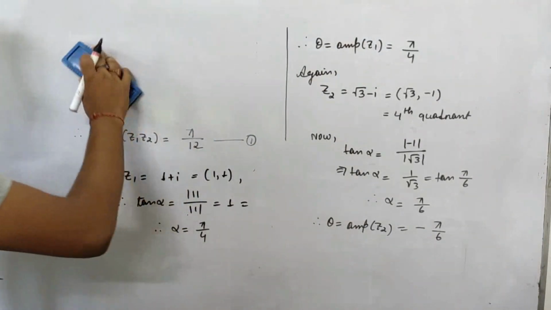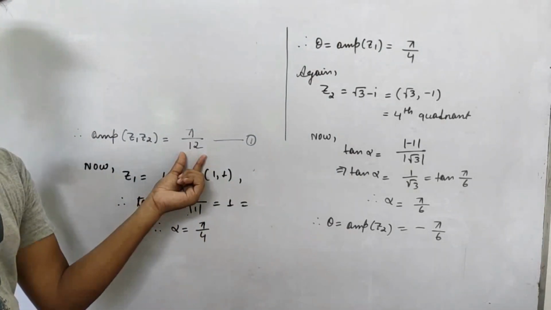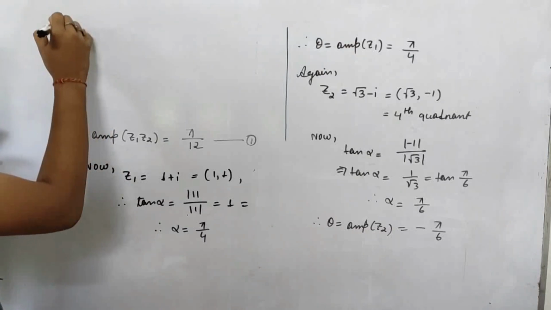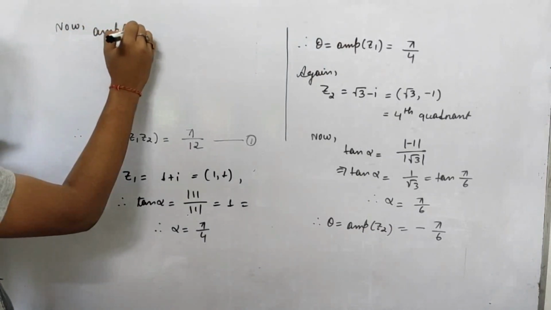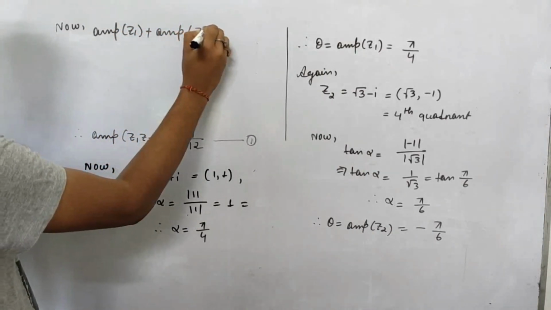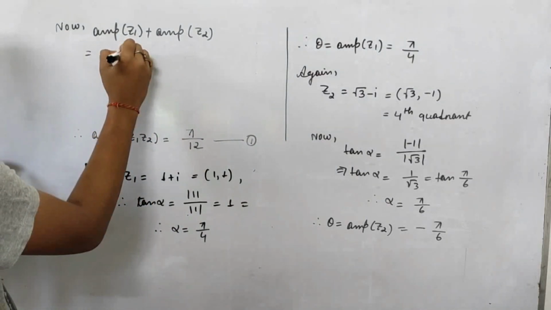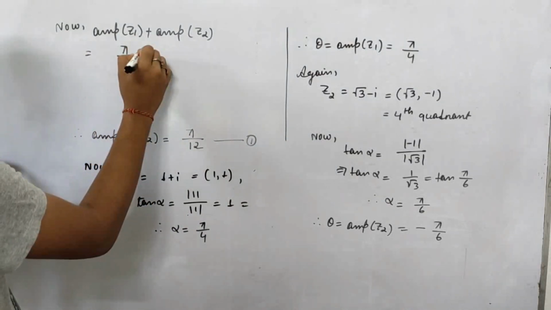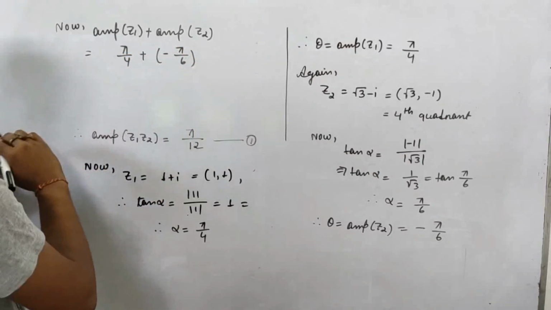So now what we have to do? AMP of Z1 plus AMP of Z2 should match with AMP of Z1 Z2. So AMP Z1 plus AMP Z2 will be equal to pi by 4 plus minus pi by 6.